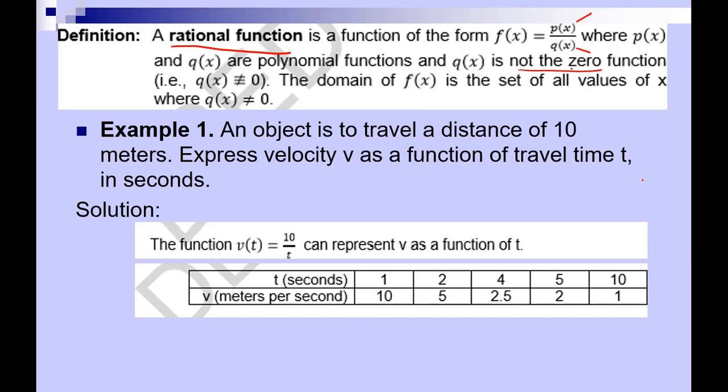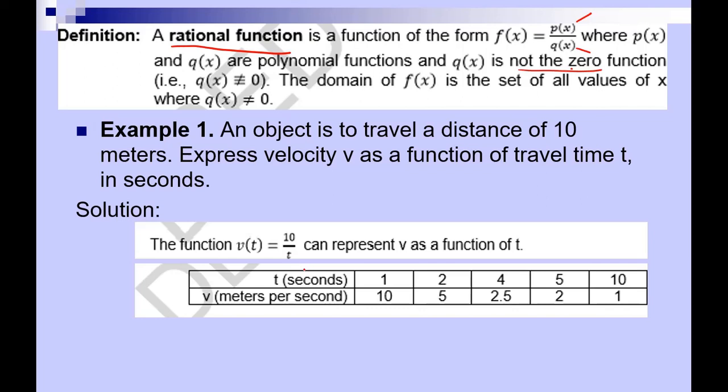So, our function is v of t, which is the velocity of an object, is equal to the distance we have given, 10, over the travel time t, to determine the velocity of that object. So we have v of t is equal to 10 over t. Can represent v as a function of t.